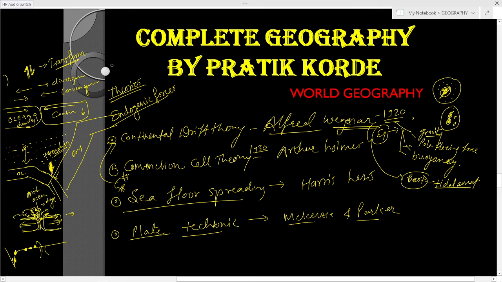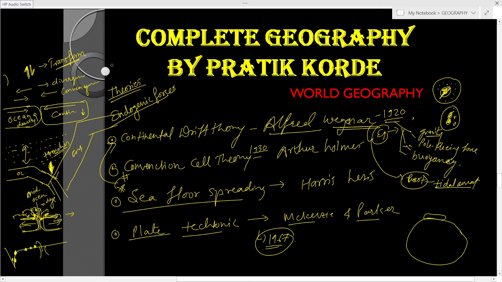The next is the plate tectonics theory, which was given by McKenzie and Parker in the year 1967. Now, according to the theory of plate tectonics, the Earth's lithosphere is broken into distinct plates, which are floating on the asthenosphere. So this is our Earth.